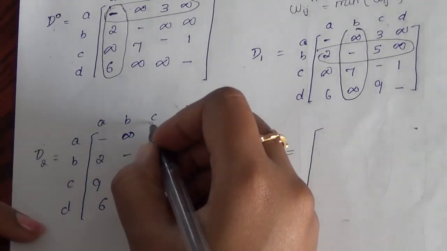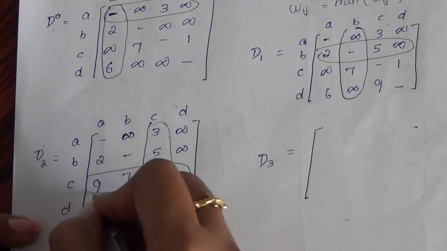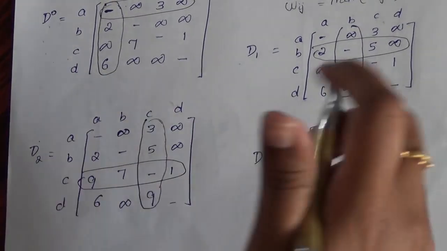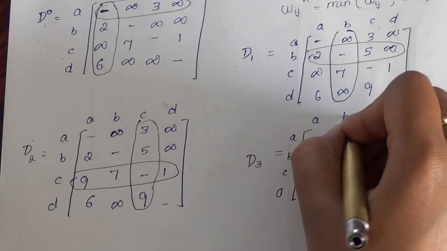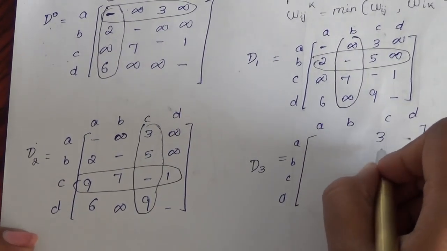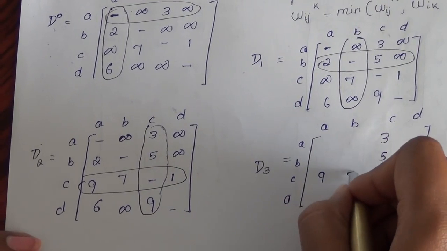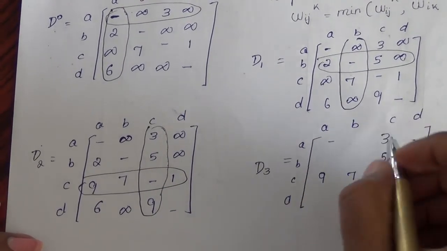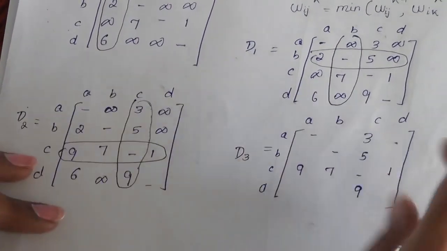For construction of the D3 matrix, I will be selecting the third row and the third column. We should write the third row and the third column as it is, and the hyphens also. Now the rest of the values are filled with the same formula.